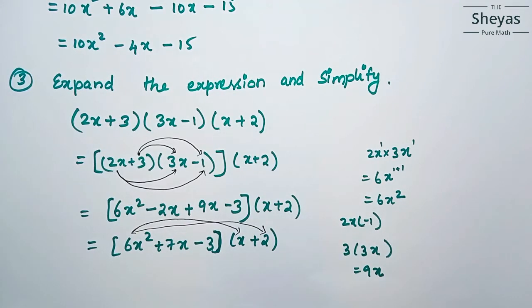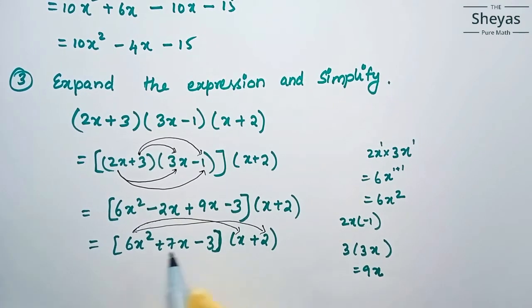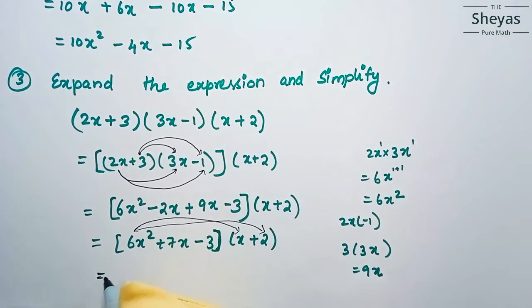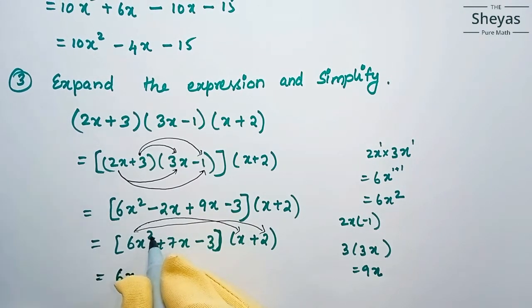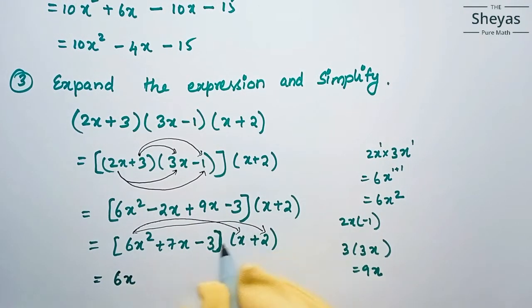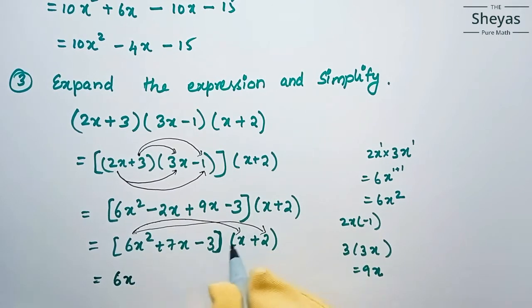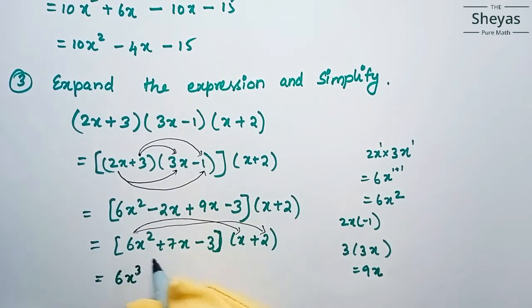The first step is 6x square with x. Here the power is 2 and here the power is 1. So 2 plus 1, 3. 6x square into x will be 6x cube.